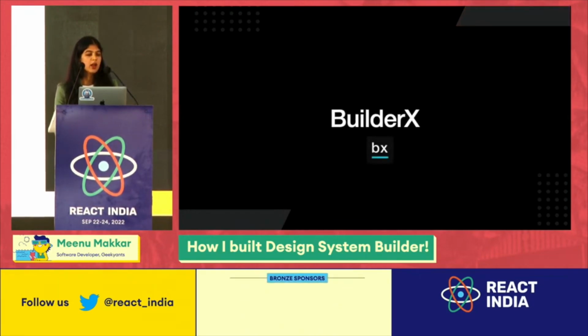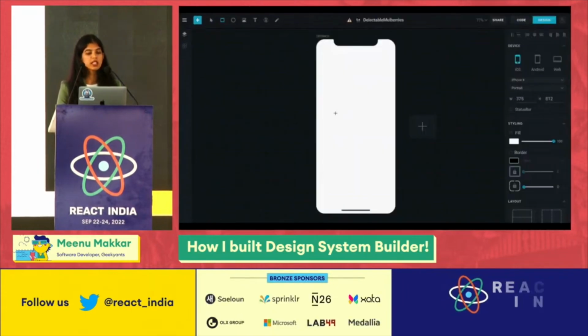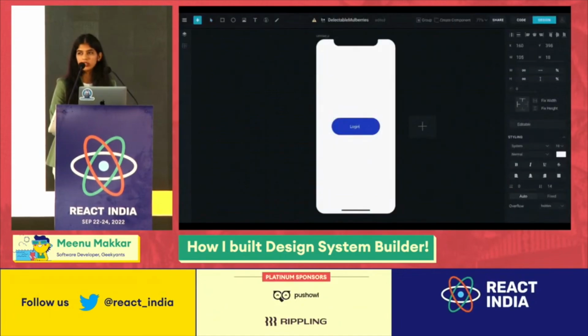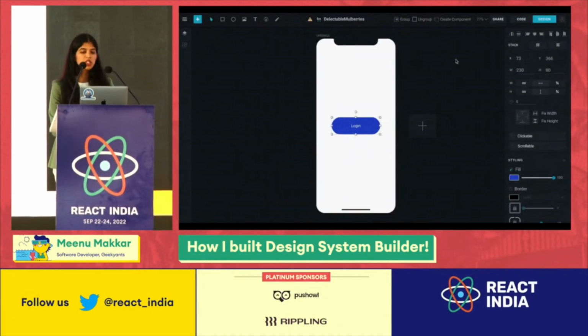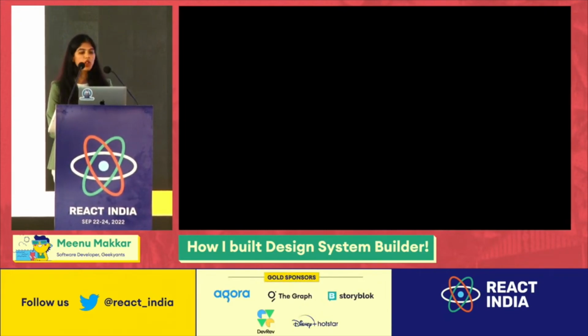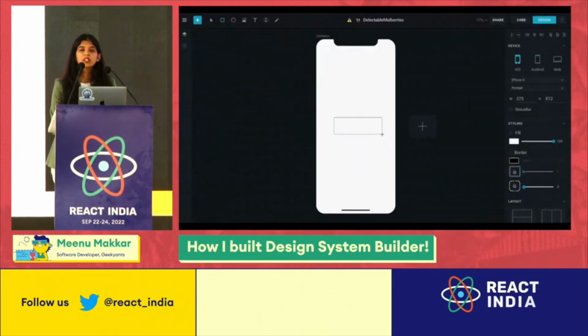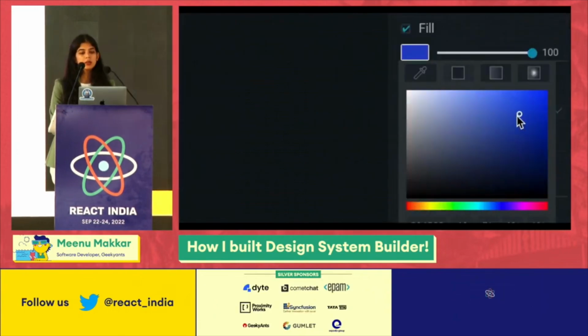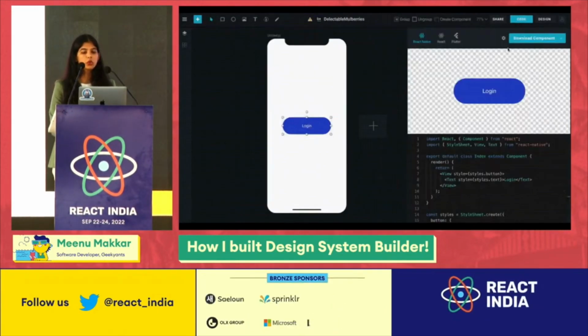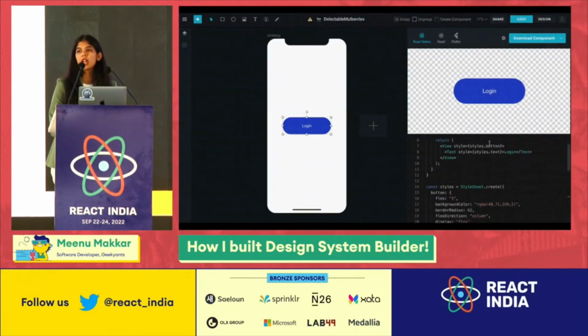Then came BuilderX, which was a design to code tool that generates React and React Native code for you. So there are a lot of features with which we could easily build production-ready apps. But due to the absence of a design system, we could not extend this tool to its full potential and appeal to larger masses.